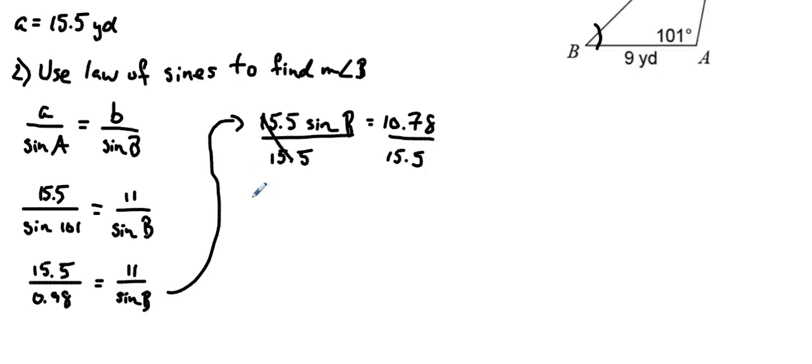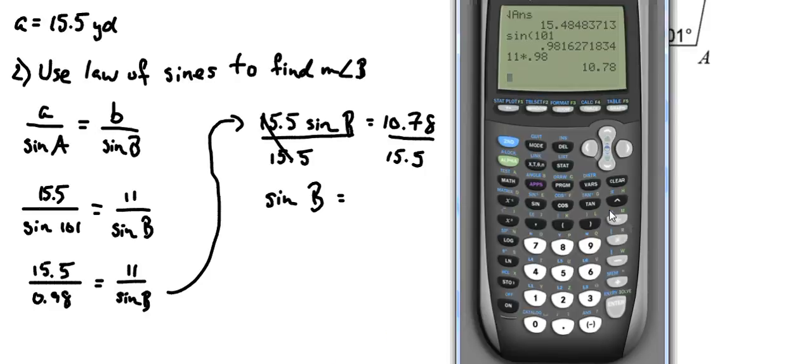That crosses out. I'm left with the sine of B equals 10.78, and I can just put divided. That's that same little trick that I used before, so I don't have to type in 10.78 all over again. 15.5, and we get 0.695, but you have to round that to 0.7.